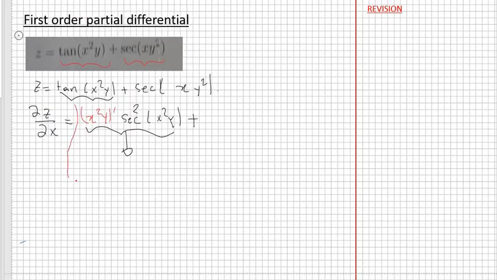Okay, I'm gonna repeat this here. So this first term is tan of x squared y. So we can treat x squared y as a function that we can call f. It's like they are asking me to determine the derivative of tan of the function f. So that gives, according to the formula, we first need to write sec square of the function f multiplied by the derivative of the function.